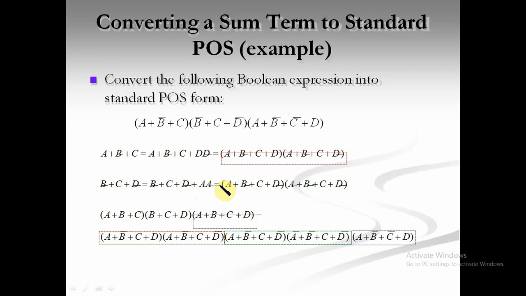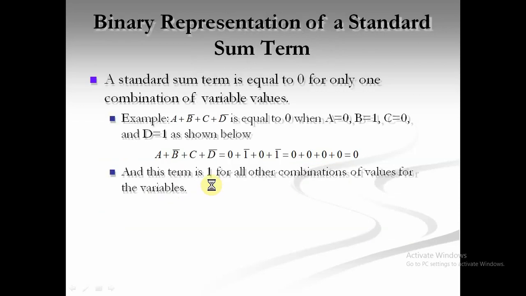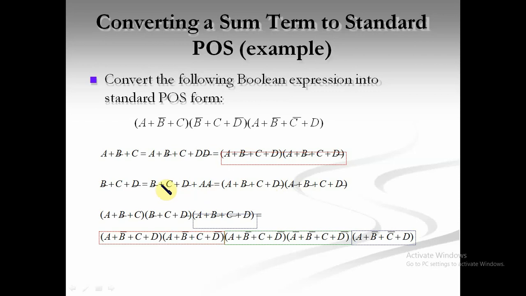After simplification we get the equation a plus b bar plus c plus d bar, and the next equation a bar plus b bar plus c plus d bar. Whatever terms we add, we take two brackets, with a and a bar, and the last term is the same because there are no missing terms, so it remains as it is.